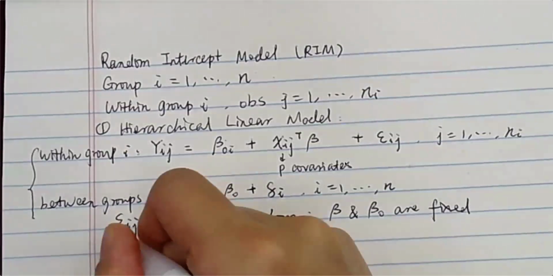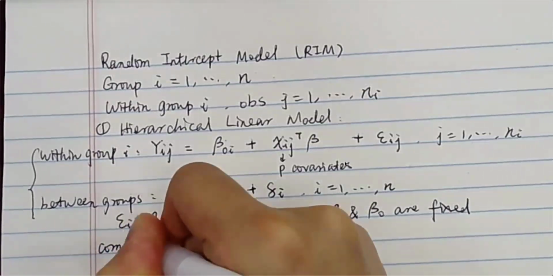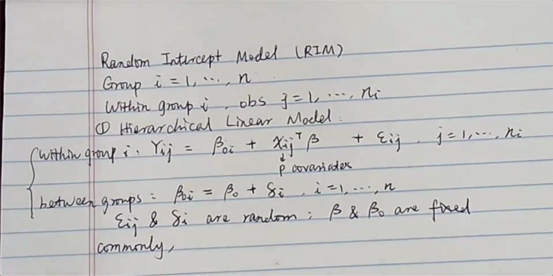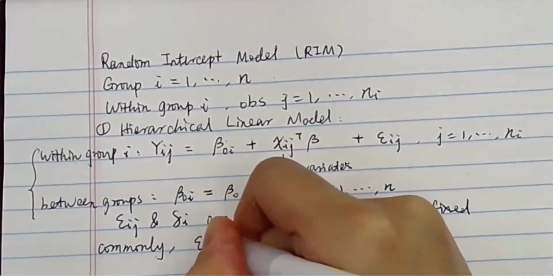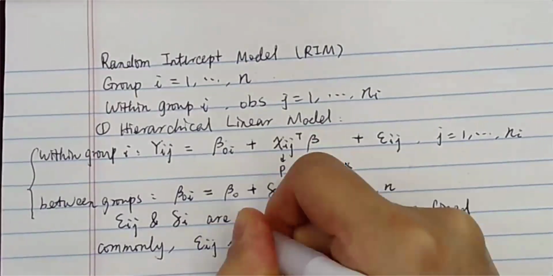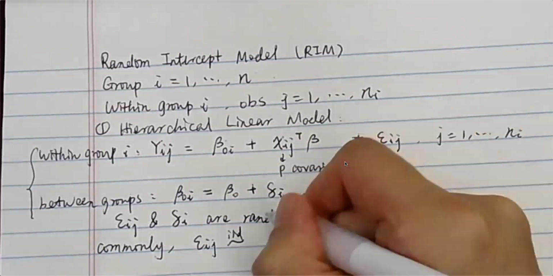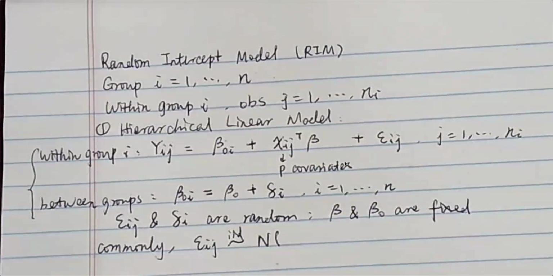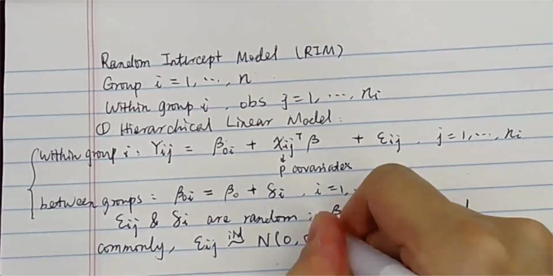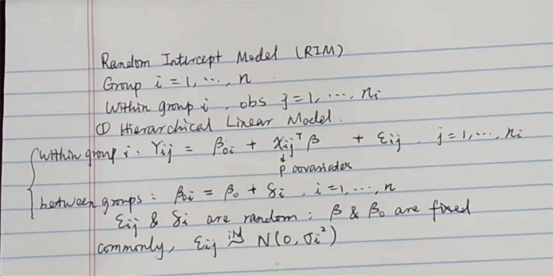So a common assumption: we like the Gaussian assumption for random errors that have mean 0. So we assume that epsilon_ij are IID within group i, normally distributed with 0 mean, and we can assume that the error terms in each group i have a different variance.